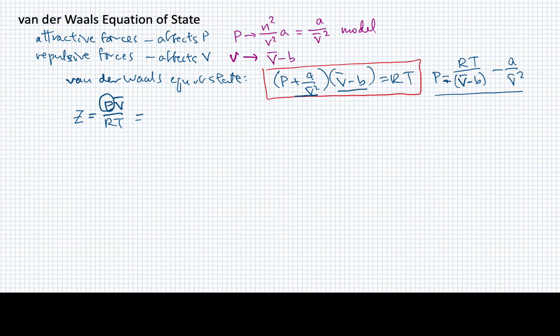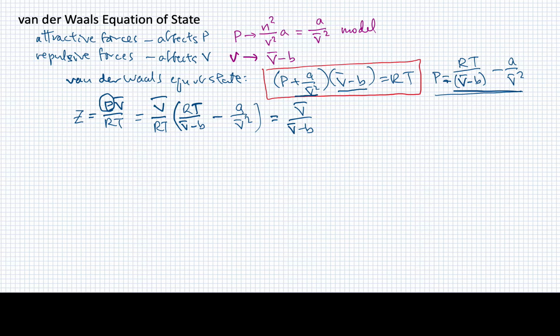I'll take V molar over RT, multiplied by the pressure, using this expression for the pressure: RT over molar volume minus B, minus A over molar volume squared. When I multiply this out, notice that the RTs cancel in the first term, so I'll end up with the molar volume over the molar volume minus B.